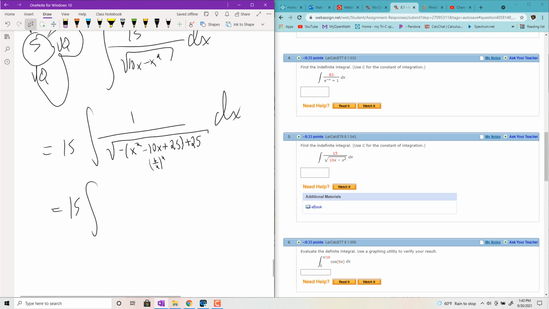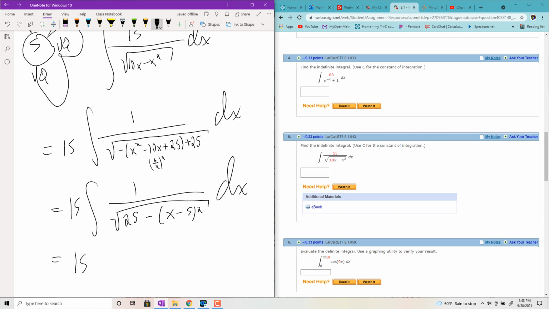Then I'm going to go ahead and factor it. So I get 15 integral of 1 all over, and I'm going to use the commutative law to reorder it, 25 minus x minus 5 squared dx, and then I see it's inverse sine with a value 5, and the u is x minus 5. The du doesn't have any constants attached, so we're free and clean.